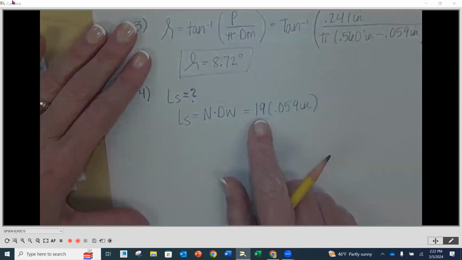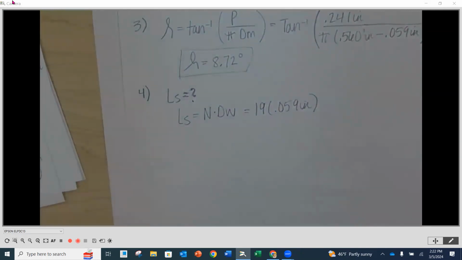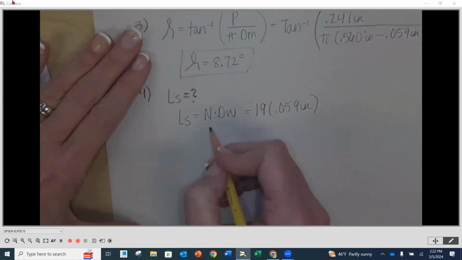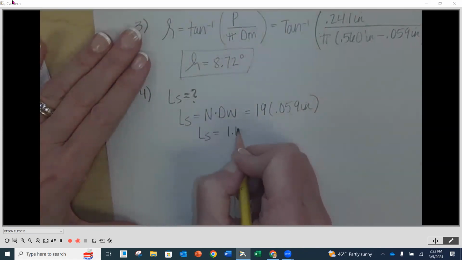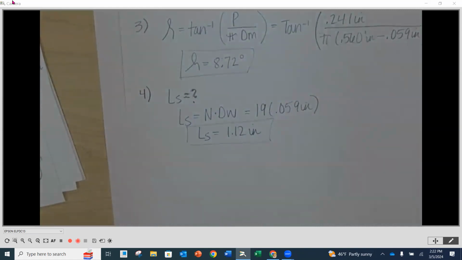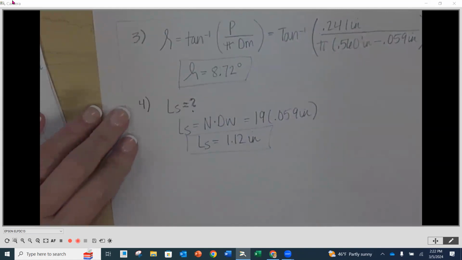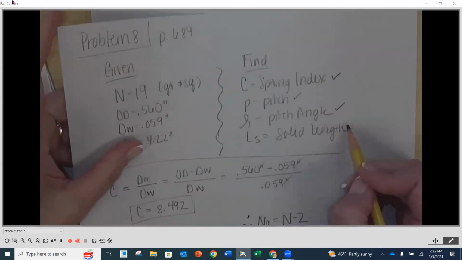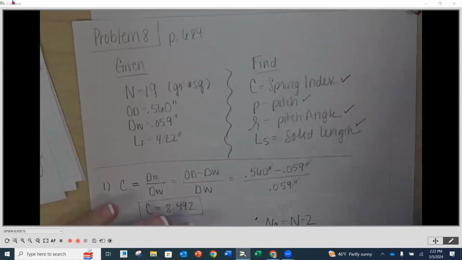Yes, coils would be the unit there, but it's really just a unit we're multiplying by how many times. So LS is going to be 1.12 inches. There you go. That one was a little sneaky, I thought, but you got it. If we go back to the front, that's our fourth and final part.